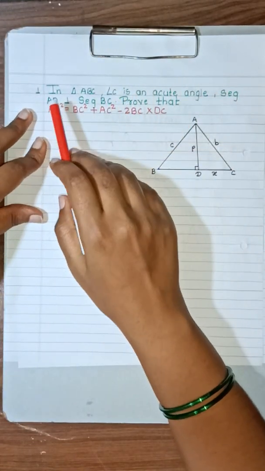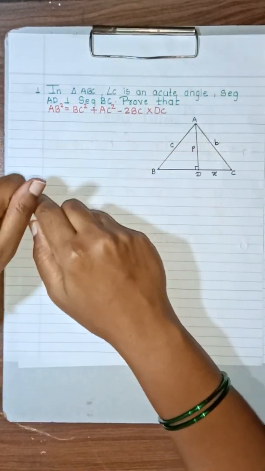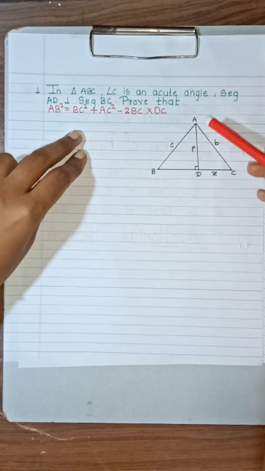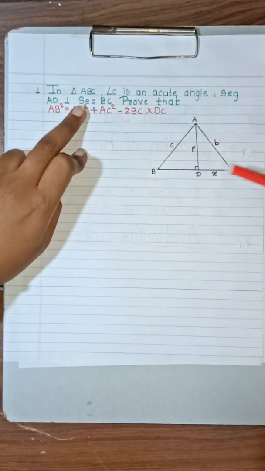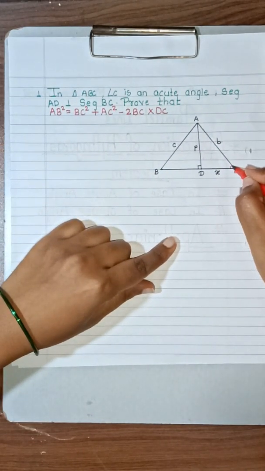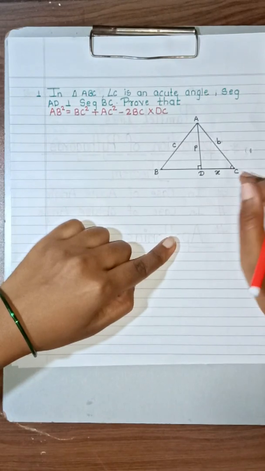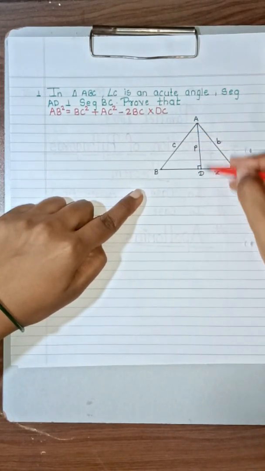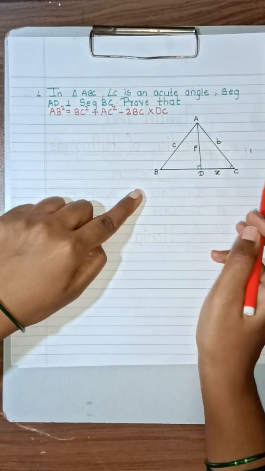See, in this first example, the acute angle theorem, they have given triangle ABC. Angle C, you can see, is the acute angle, and segment AD is perpendicular on BC.